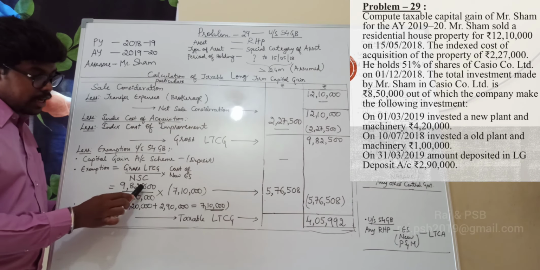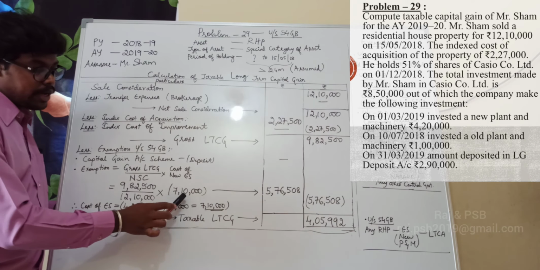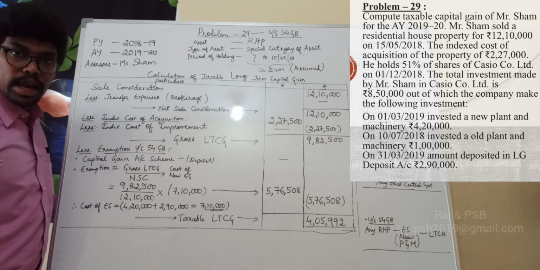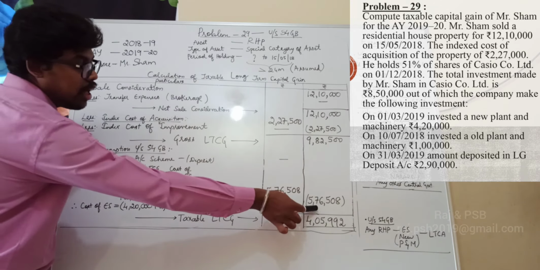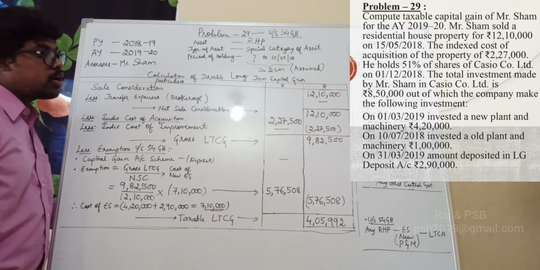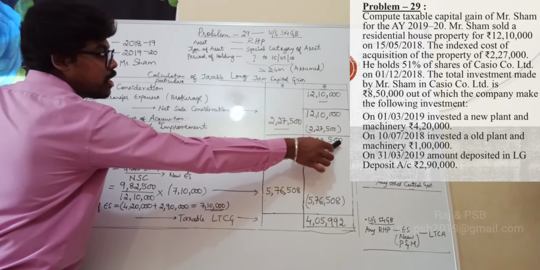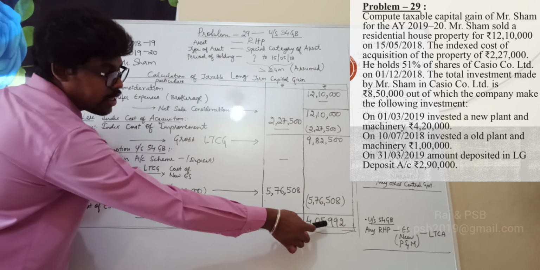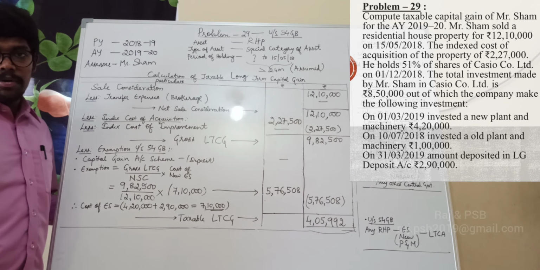So 9,82,500 divided by 12,10,000 into 7,10,000 will be 5,76,508. So the total is carried forward, that is 5,76,508 shown in brackets. So 9,82,500 minus 5,76,508 is 4,05,992, which is treated as taxable long term capital gain.